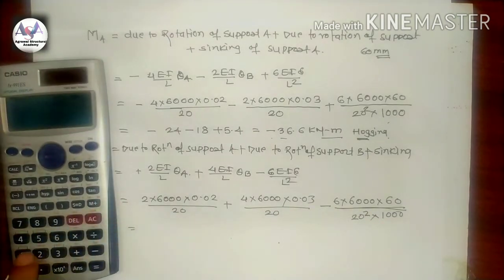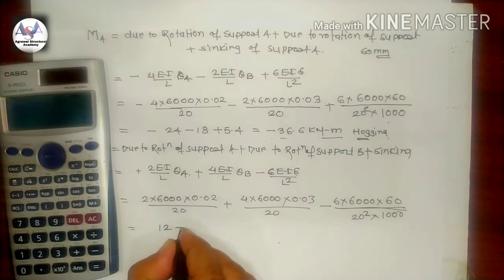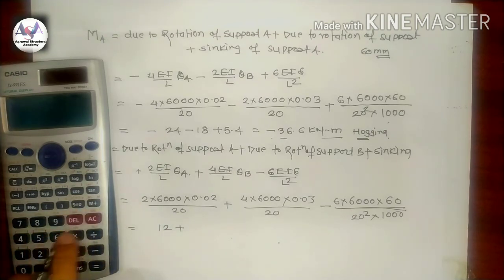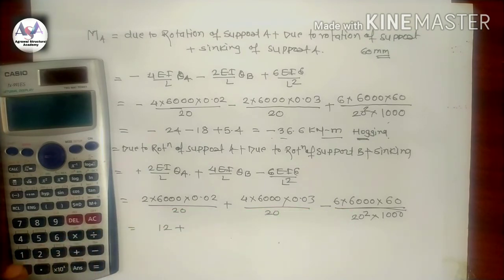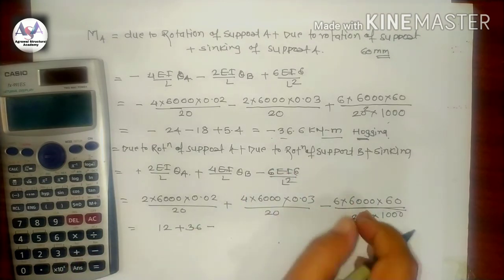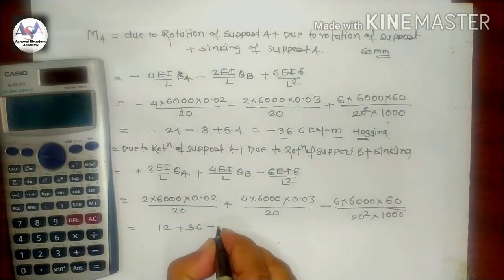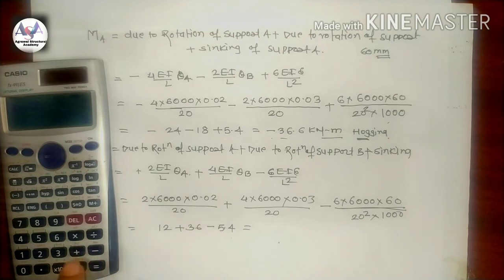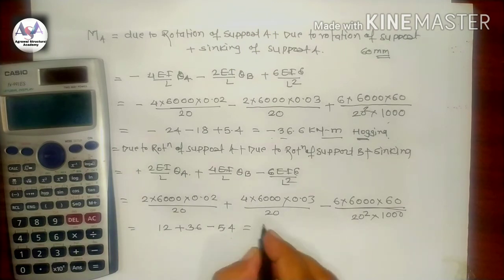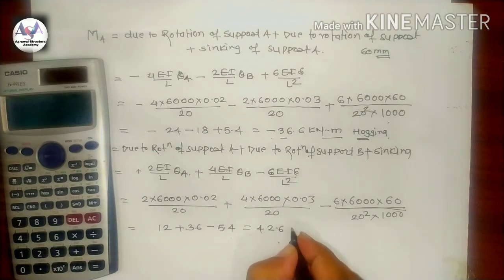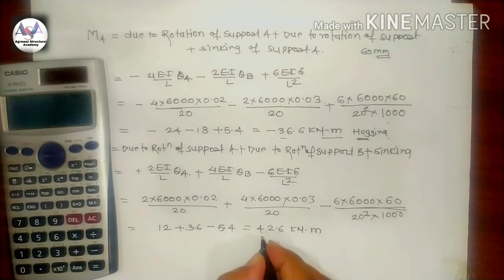If you calculate, 2 into 6000 into 0.02 divided by 20 becomes 12, plus 4 into 6000 into 0.03 divided by 20 becomes 36, and this value is the same as before, so that is minus 5.4. So total is equal to plus 12 plus 36 minus 5.4, which is 42.6. Now apply this in the clockwise fashion.